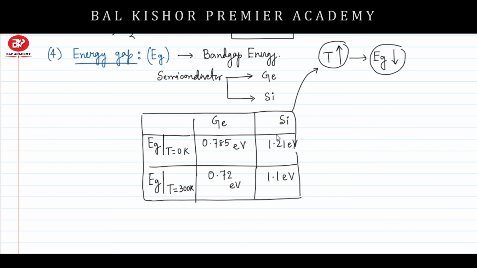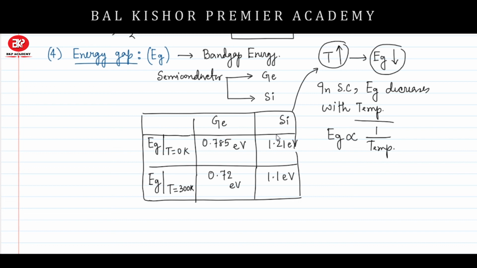So we can say that in semiconductors the Eg value decreases with temperature. That is, Eg value is inversely proportional to temperature.